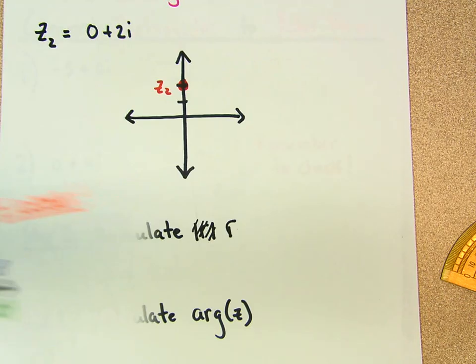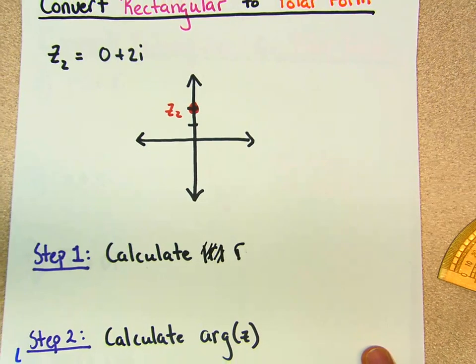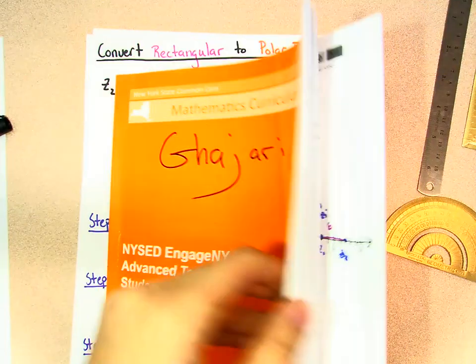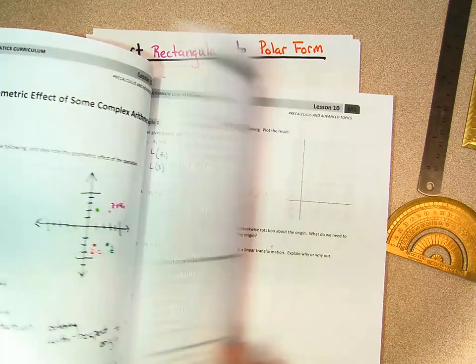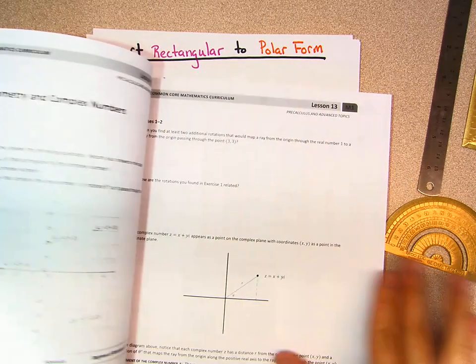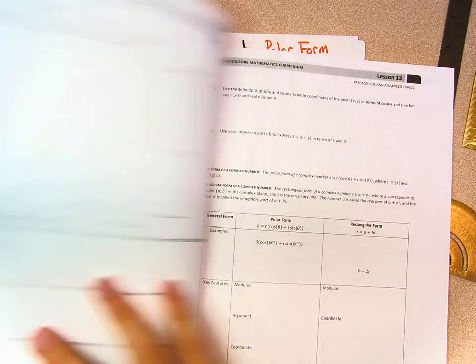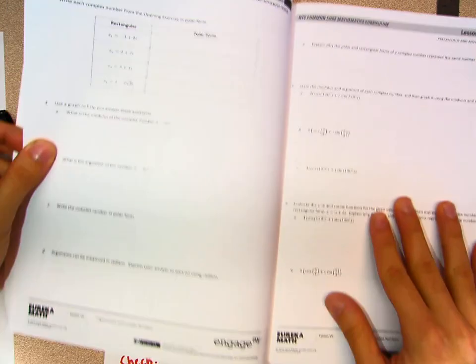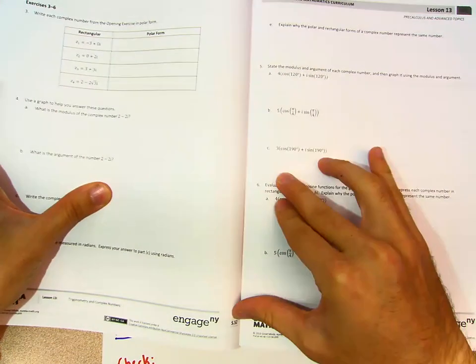What I want you to do is try to do this one by yourself. And by the way, where is this in the book? This should be right over here, on this page. So we're on page S.52.